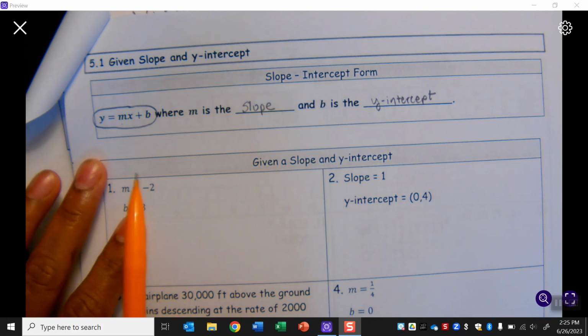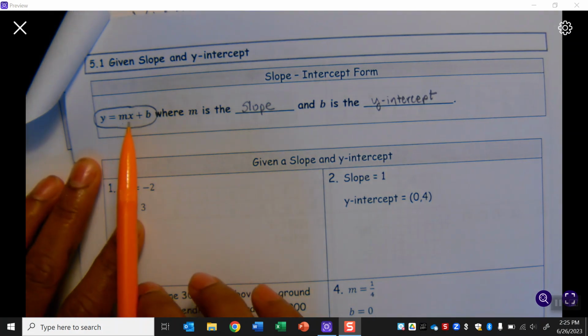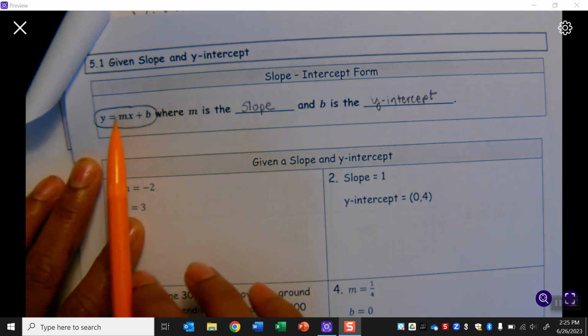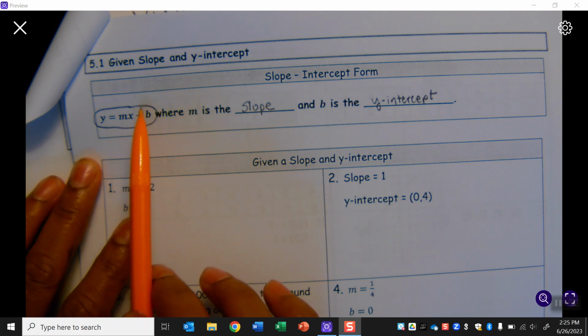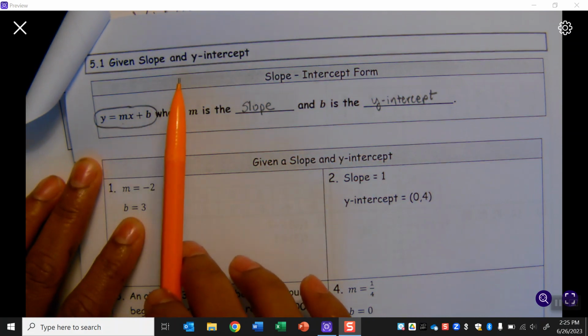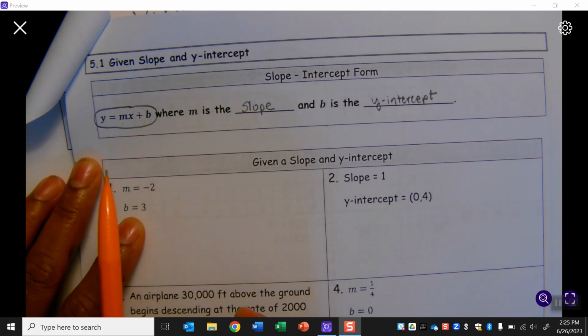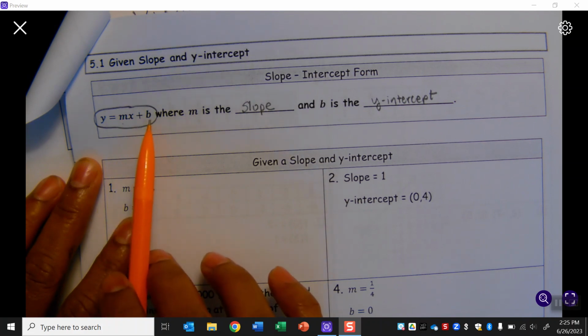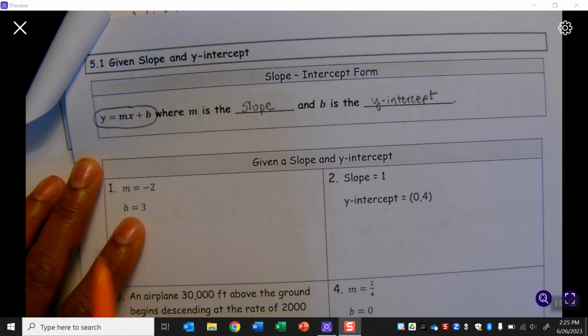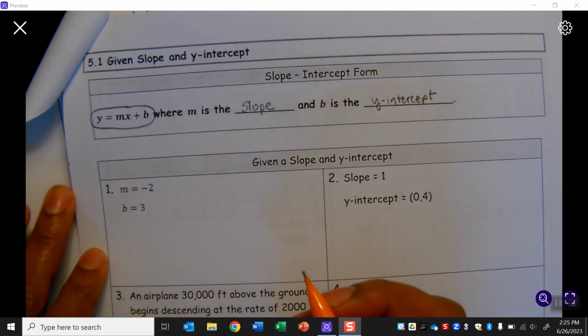What I want you to see is the slope is multiplied to the x. That's what makes it either go up as a slant or come down, straight lines, the way the line is formed. And b just moves it up and down, so it makes it cross the y-intercept.